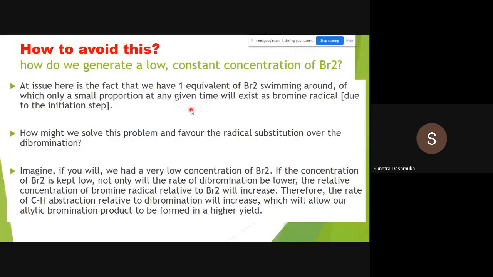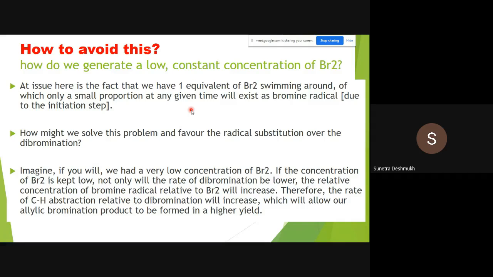We add together these 2 moles and keep them for reaction. So 1 equivalent of bromine will react with another equivalent of your starting material olefin, the allylic compound. If we increase the bromine again, then the situation will get worse.